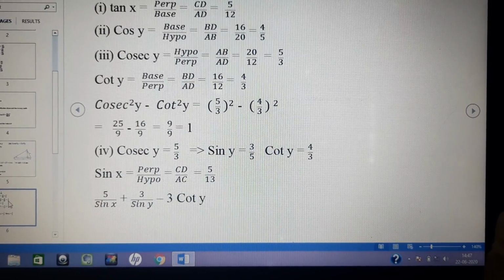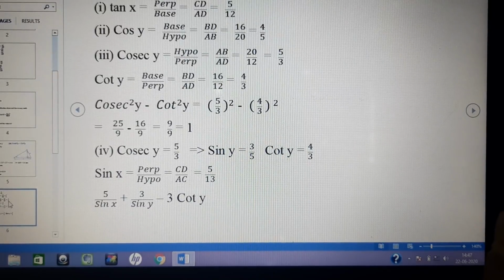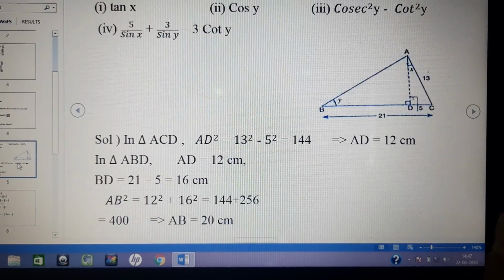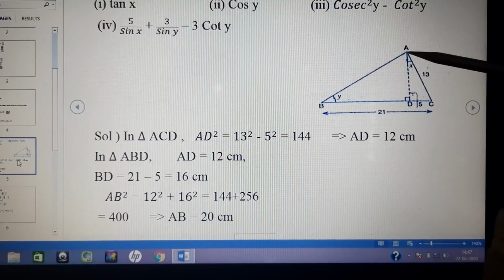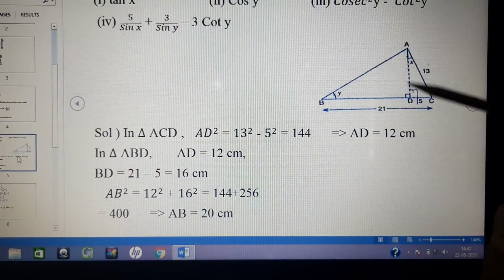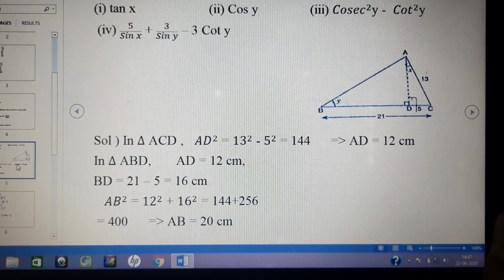Cos y. The definition of cos theta is base upon hypotenuse. But we have to look for a right angle triangle in which we have angle y as the acute angle. So we will go to triangle ABD. Opposite to angle y, it is AD. So AD becomes the perpendicular now. Earlier it was base.